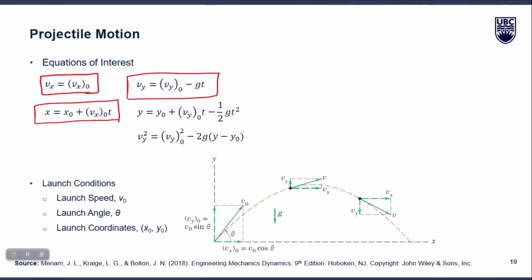So x, the distance on the x-axis, is equal to the initial distance x naught, from where the projectile started, because these coordinates are x naught, y naught, right? Generally they are 0, 0, but they may not be 0 for certain cases. So you will be having x is equal to x naught plus v sub x naught times t.